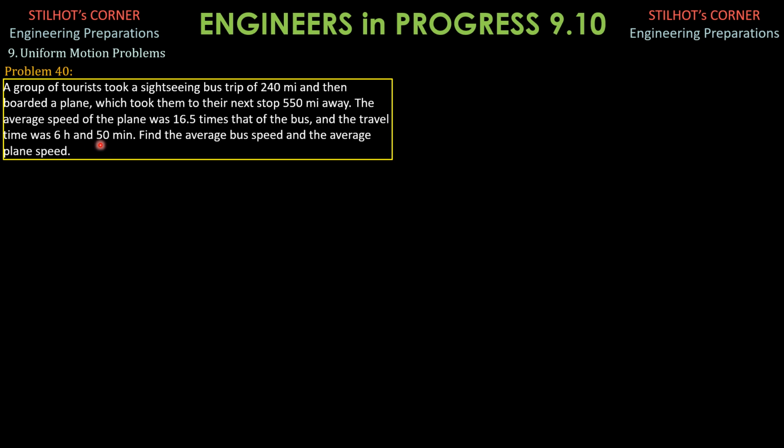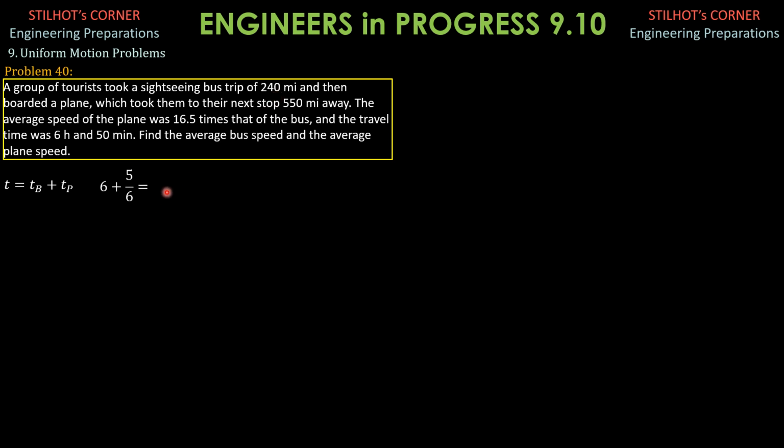So this is 6 hours plus 50 over 60, or 5 over 6 hours. So 6 and 5 over 6 hours is equal to the bus travel time plus the plane's travel time. We know that time is distance over average speed. So 6 plus 5 over 6 equals, for the bus, distance 240 and the average speed, just call it v.